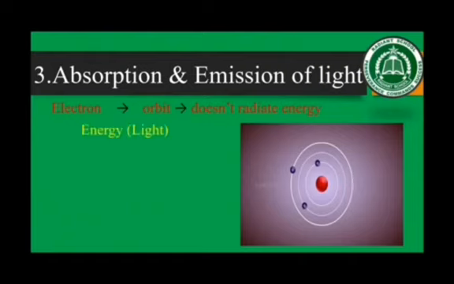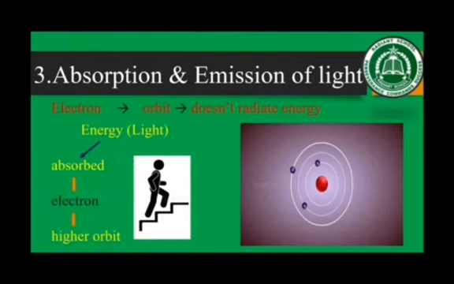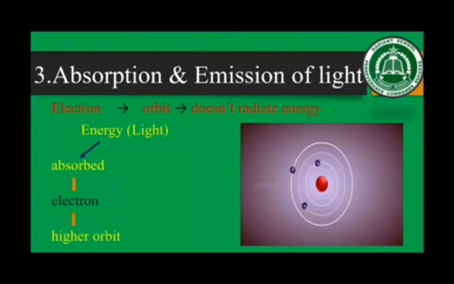Energy in the form of light is absorbed by the electron when it moves towards a higher energy level or higher energy orbit. It is just like when we move upstairs, we need more energy. So the electron also absorbs energy when it moves to a higher energy orbit or upper level.